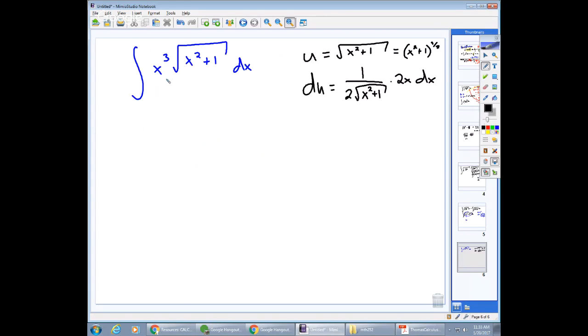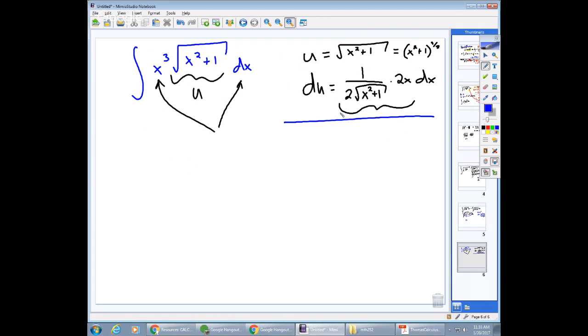So the problem is since we picked this as the u, I'm hoping to see du in the remaining parts. And this is my du. So this choice of u doesn't look productive because the remaining pieces don't represent it. So let's try another.